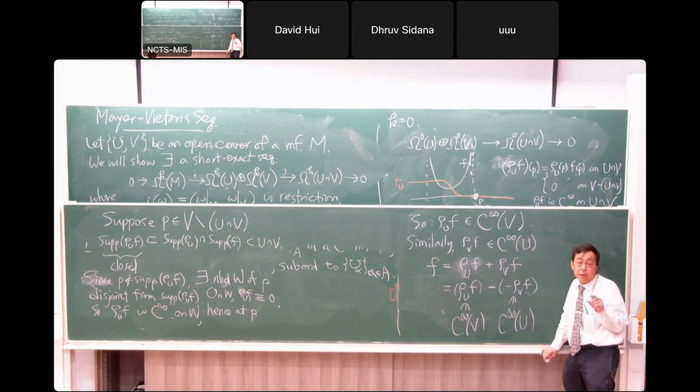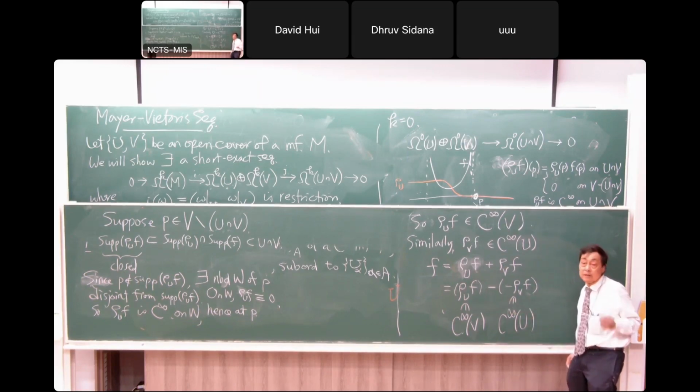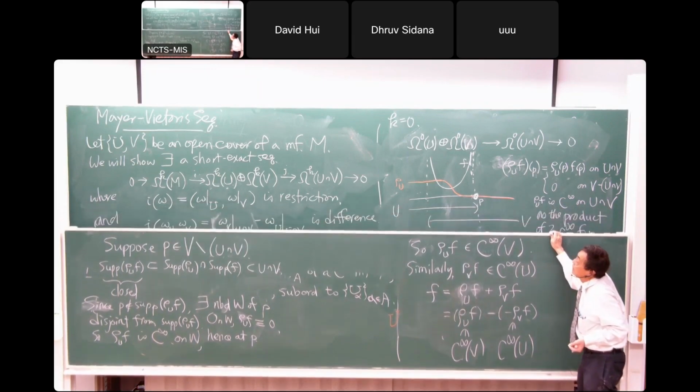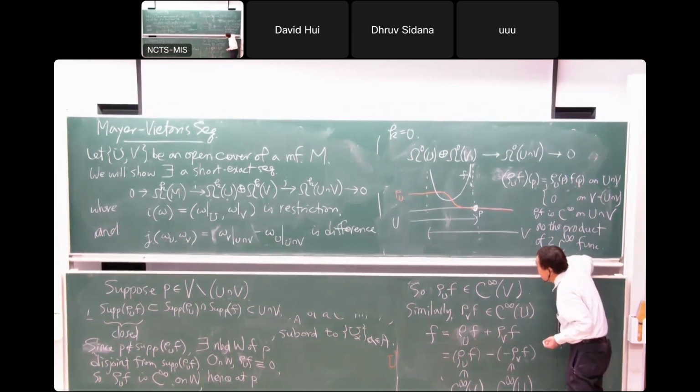So that's how you write a C infinity function on the intersection as a difference of two C infinity functions, one on V and one on U. And that shows that J is surjective, okay? So thus, J is surjective.